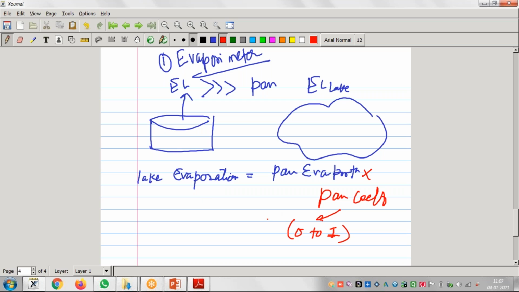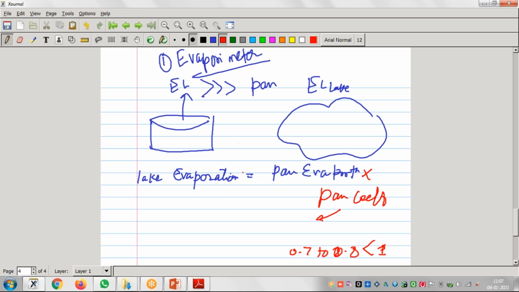Sorry, we can say this is from 0.7 to 0.8, and it will always be greater than 0 and less than 1.